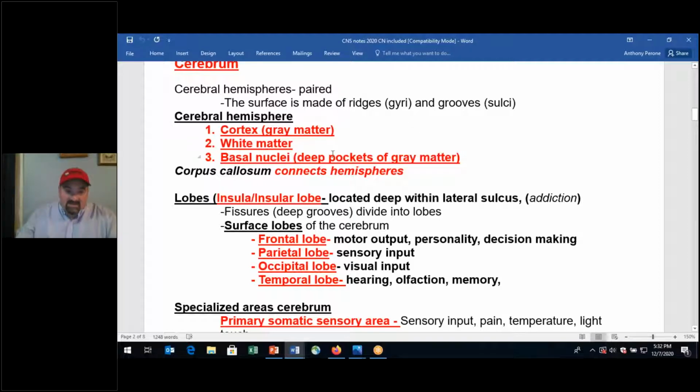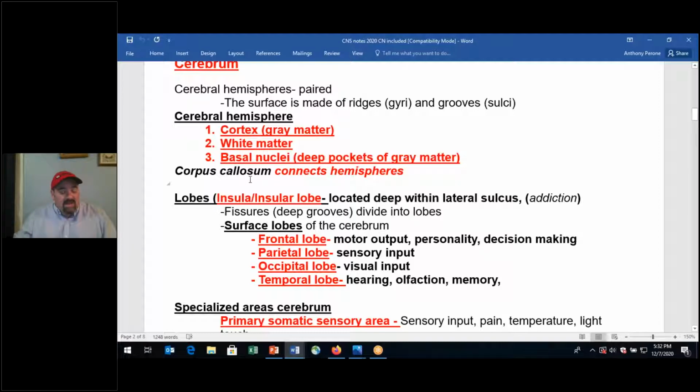So we saw in the lab, on the sagittal head, as well as the actual model of the full brain, we have the cortex, that's the outer portion, and we have the white matter, which is the inner portion. Notice that, as far as this won't be in the lab, but basal nuclei, these are pockets of gray matter. So know that gray matter for the brain is outer, white matter inner, but spread throughout the white matter will be basal nuclei, these pockets of gray matter.